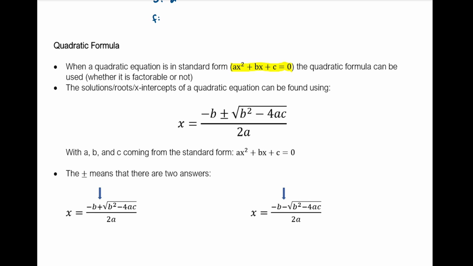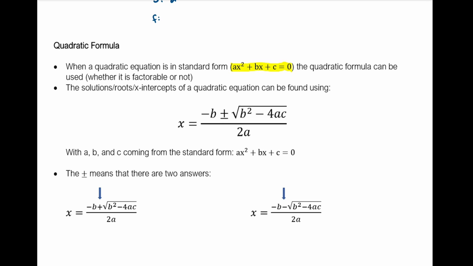So if you run across something, or even if you forget how to factor, you can always use the quadratic equation, and that will give you your solutions. So the quadratic equation, or the quadratic formula, is this formula right here. X equals -b plus or minus the square root of b squared minus 4ac, all divided by 2a.